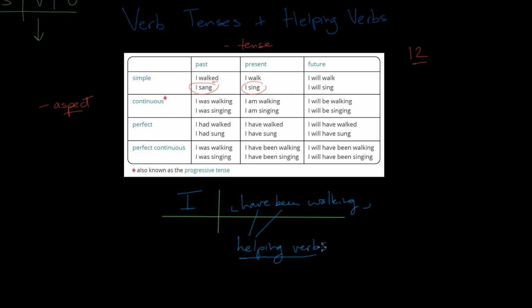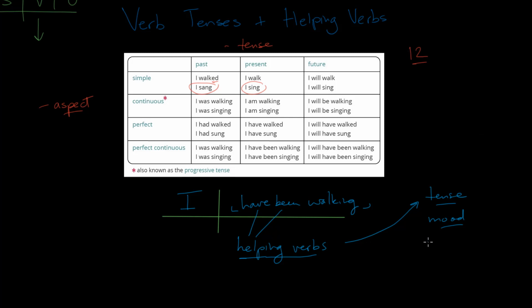And these helping verbs, together with the main verb, allow us to indicate a bunch of different things. We've already talked about tense: present, past, future. We can also talk about mood. Mood is like the tone of the verb. This allows us to make the verb indicative, which is a regular sentence, imperative, which is a command, or subjunctive, which is a bit more hypothetical.